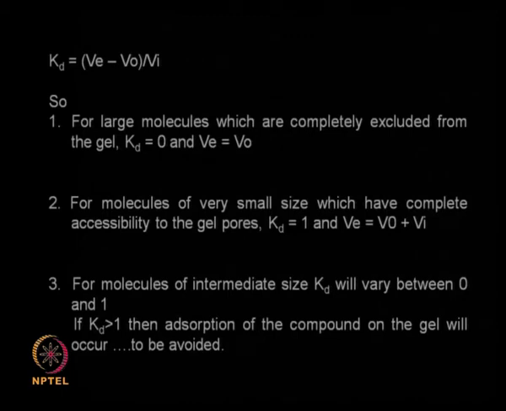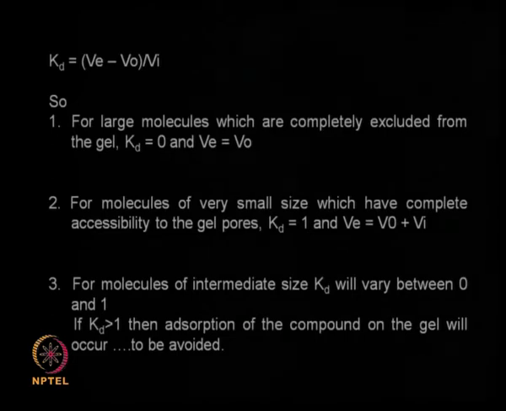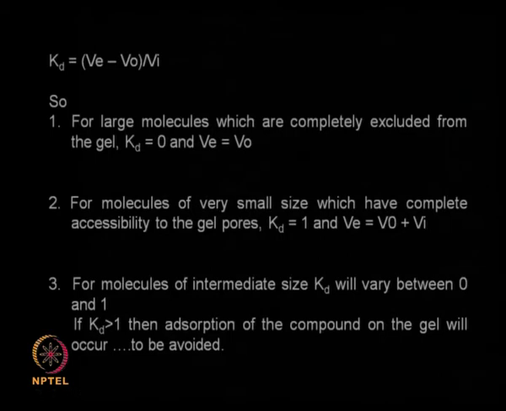Then we have Kd between 0 and 1, so that is the general case. In each case we will have the volume of the eluent required in terms of V0, that is the interstices or the void volume, and in terms of Vi, that is the pore volume, that means the volume occupied in the pores, okay.